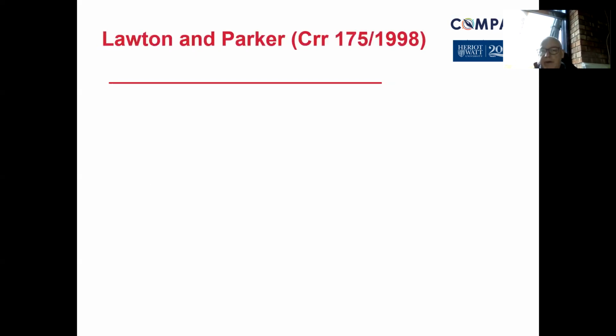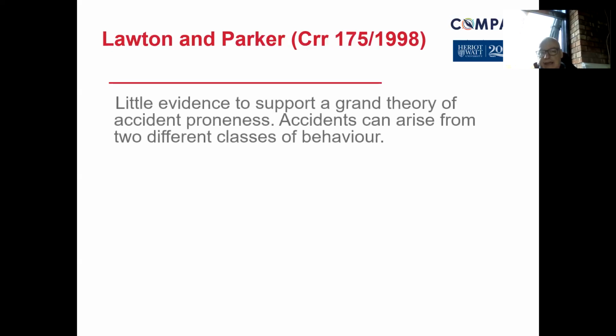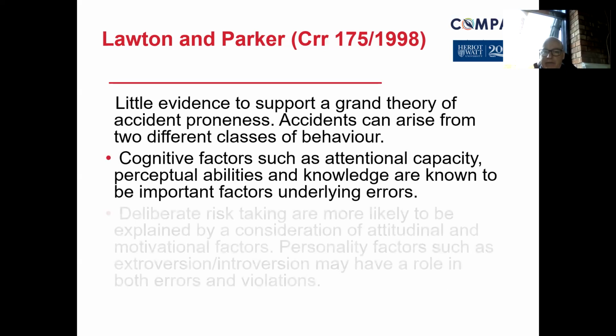Lawton and Parker take it further, and there's a CIR document on this, quite a lengthy one, 175, and they did it in 1998. But they looked at it even broader in terms of accidents as such. So there's little evidence to support a grand theory of proneness, but accidents can arise from two different classes of behaviour.